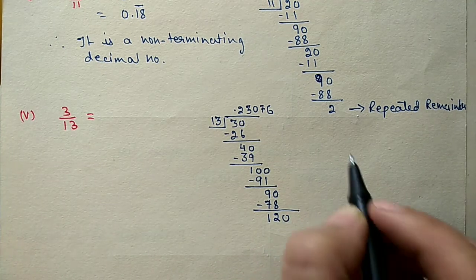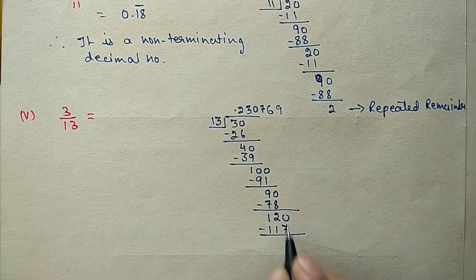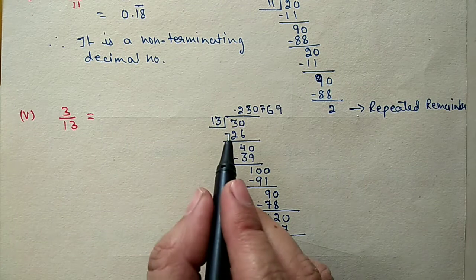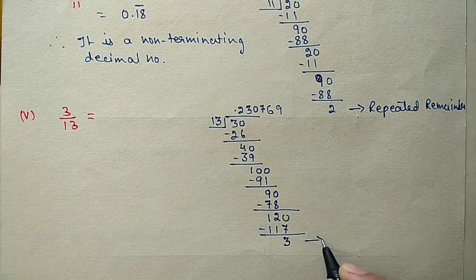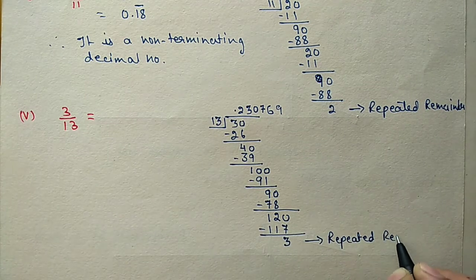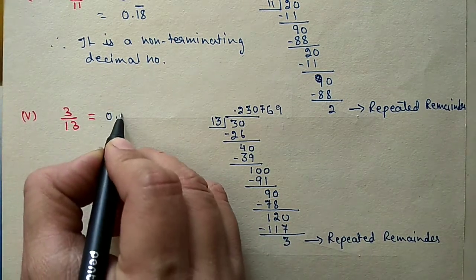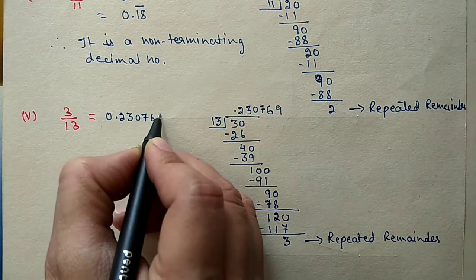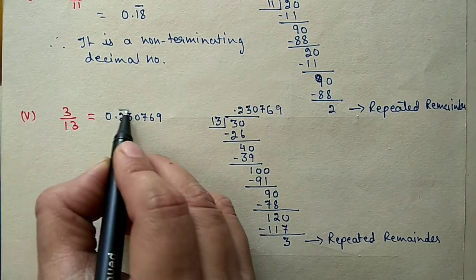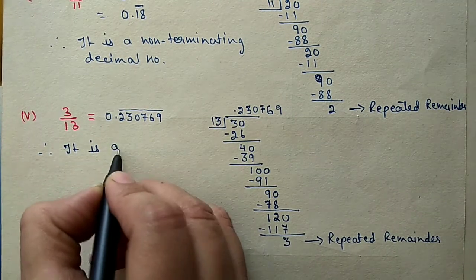Take 1 more 0. Then it will go, 13 9s are 117. And again here we'll get 3 as remainder. You can see we started from 3, again we got 3, which means the same process will come again. So this is the repeated remainder. So this 3 by 13 we can write as 0.230769, and the same thing will follow again, because after 3 the same thing will come. Therefore it is a non-terminating decimal number.